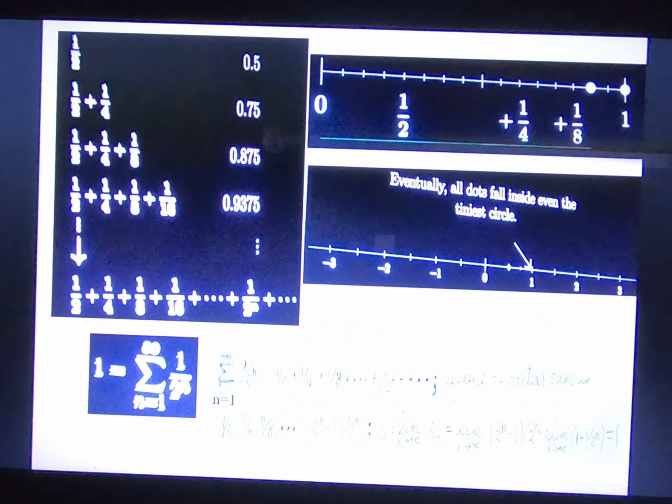You can do the partial sum, and you can use a graph, and you can see eventually it will converge to 1. Another way is to calculate the partial sum and take the limit as n goes to infinity, and you can see it's also equal to 1.